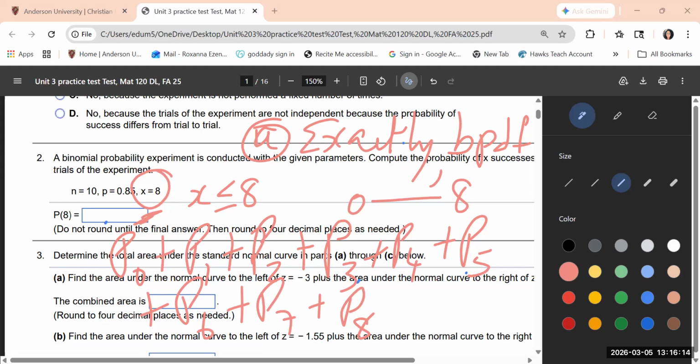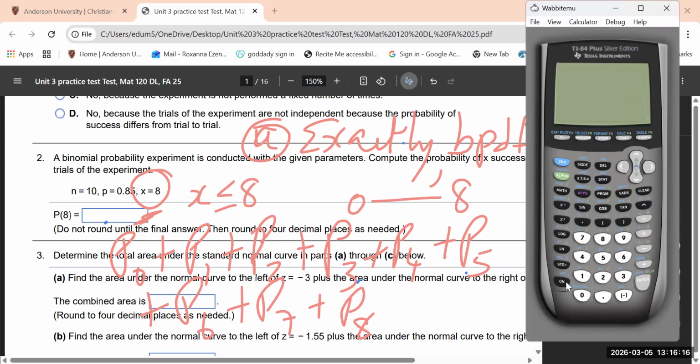So go to my calculator, and I'm going to clear, second distribution. I'm looking for binomial CDF, binomial cumulative density function. And that's what it is here. I'll pull it down. Number of trials is 10.